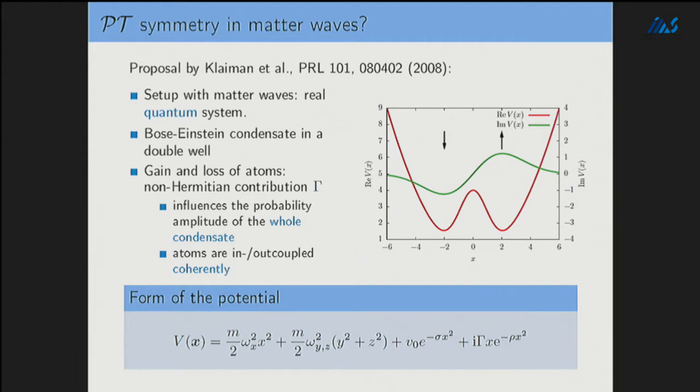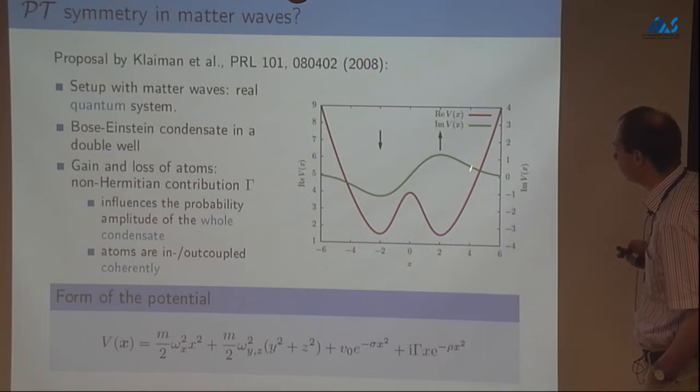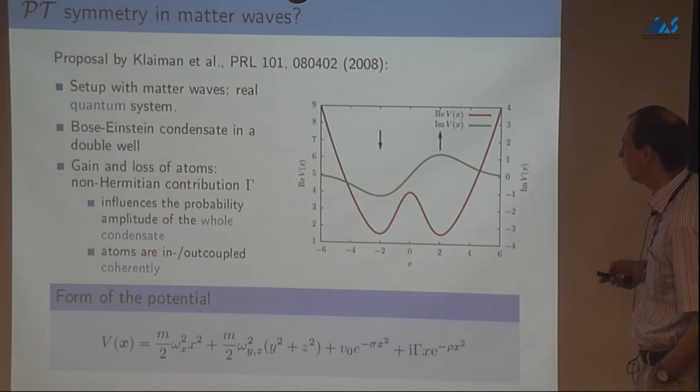We then implement the positive and negative imaginary parts, which effectively describe an influx and outflux of the probability amplitude, or for the Bose-Einstein condensate, an influx and outflux of atoms by an imaginary potential. We took this shape here, which was due to our calculations, but the explicit shape doesn't matter. The important thing is that it is an antisymmetric imaginary potential, and in this case it describes a positive imaginary part, or an influx of atoms on the right side, and on the left side an outflux of the atoms.